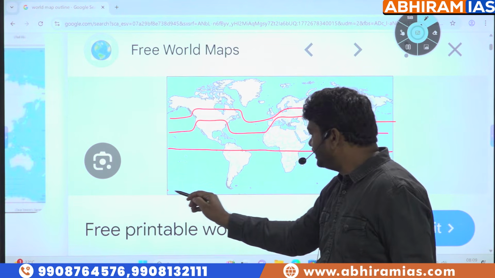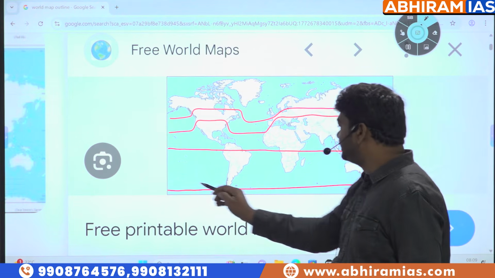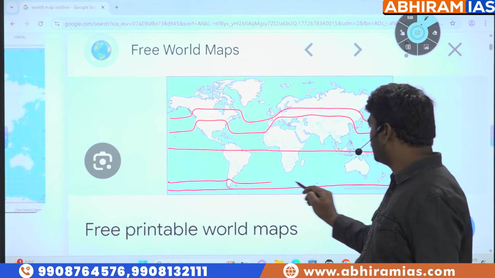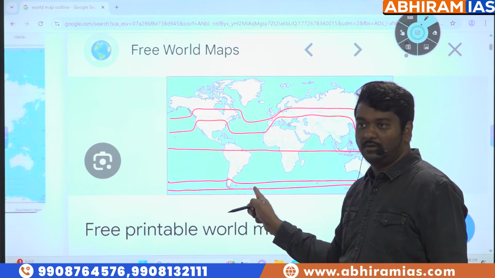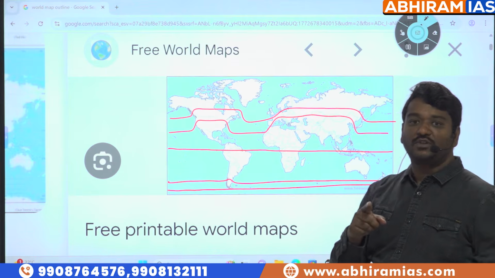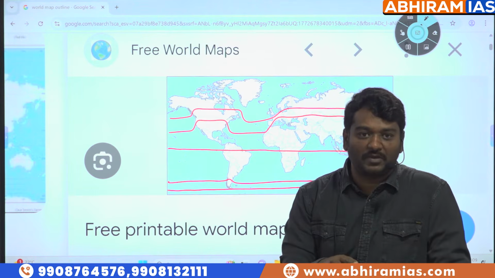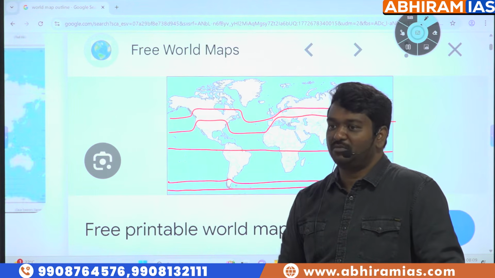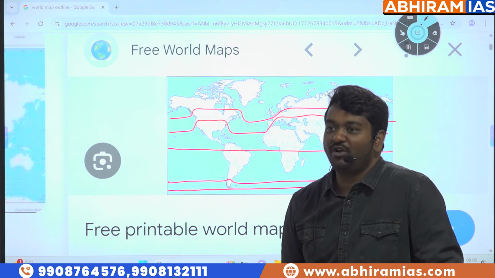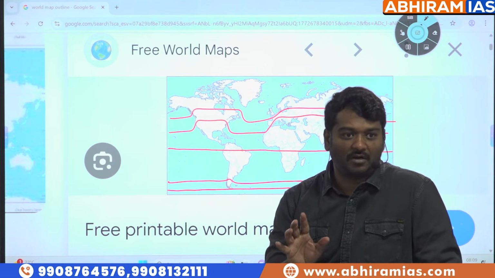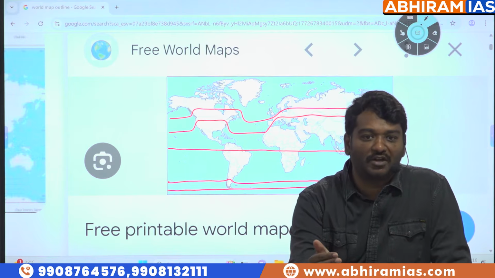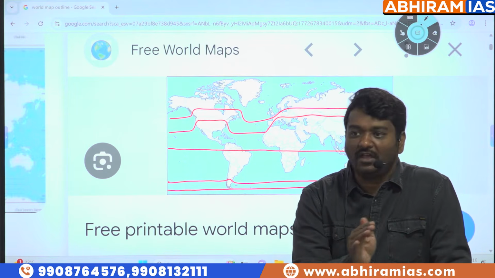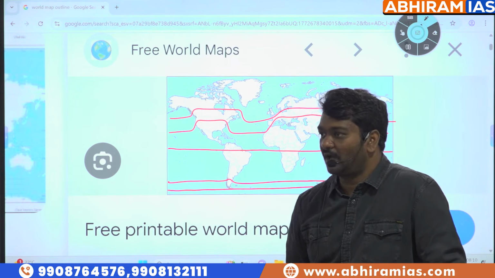So, isotherms are almost straight. Why are isotherms almost straight in the southern hemisphere? Why not in the northern hemisphere? Distribution of land and water. Land is more in the northern hemisphere, water is more in the southern hemisphere. Are you getting the point?